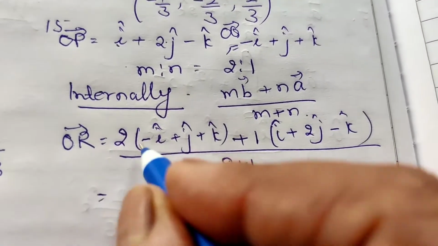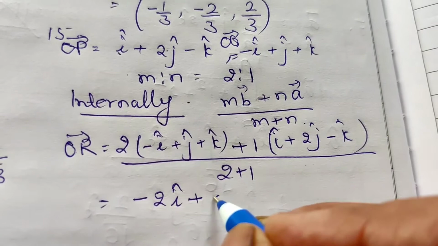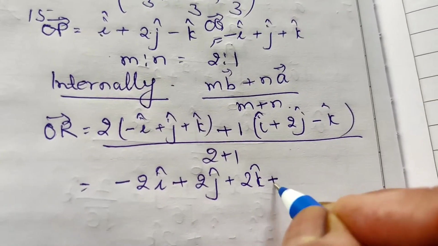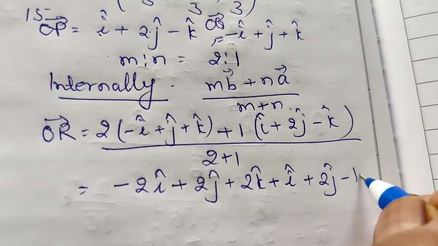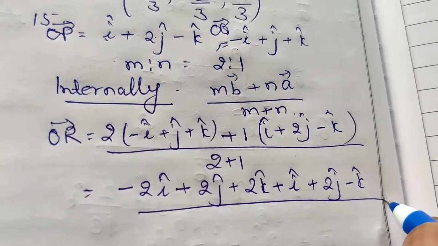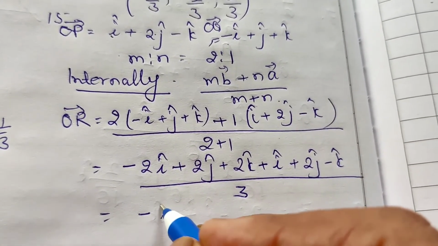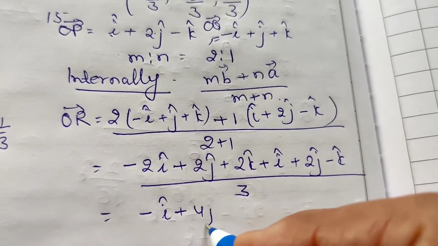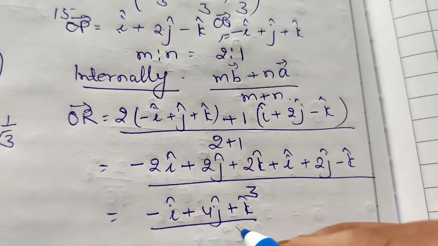Now solve. It is equal to minus 2i vector plus 2j vector plus 2k plus i plus 2j minus k by 3. So minus 2i plus i means minus i vector, 2j plus 2j is 4j, plus k by 3.